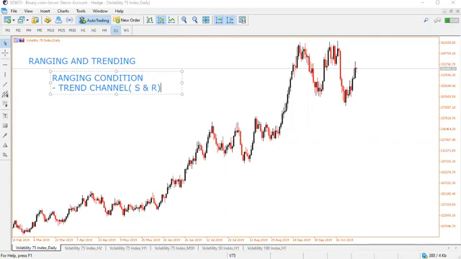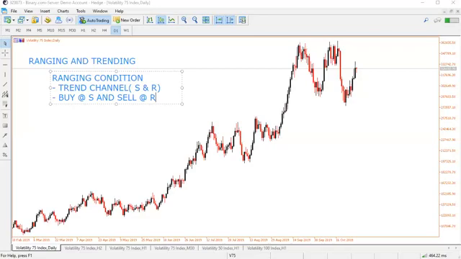That's what makes it a trend channel. Within a trend channel, these are the opportunities that we look at: we buy at support, and we sell at resistance, right? So these are the conditions for a ranging market.